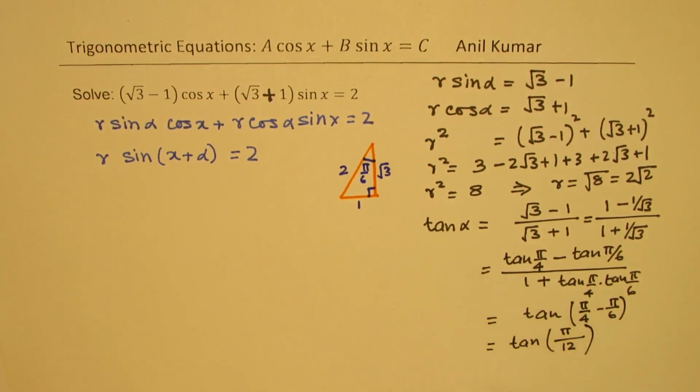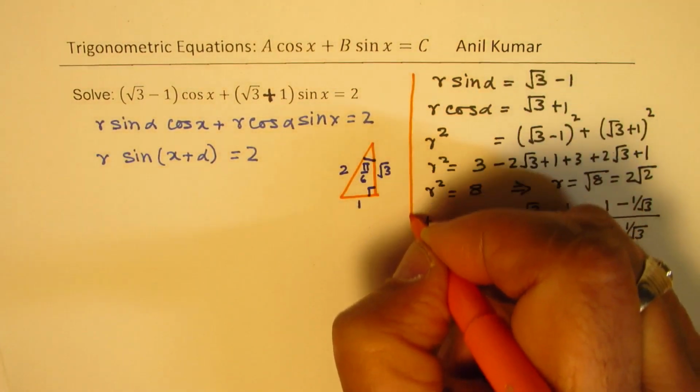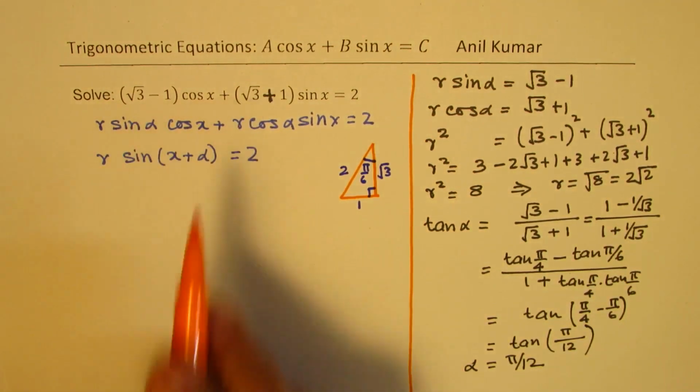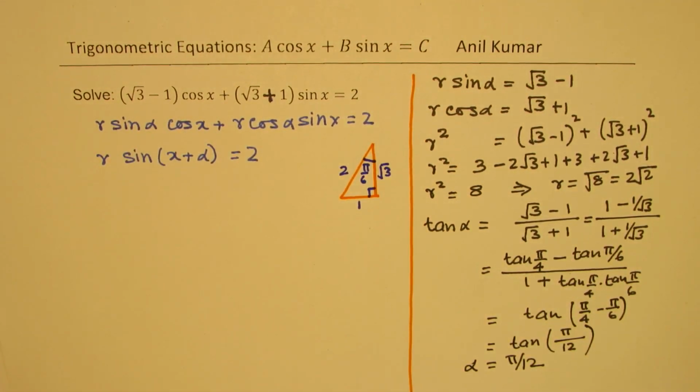So we know angle alpha is basically pi by 12. Is that clear to you? So there's a lot of work which we have to do in this substitution. That coefficient makes it slightly more complicated. Perfect. But anyway, we got the value of r, we got the value of alpha.